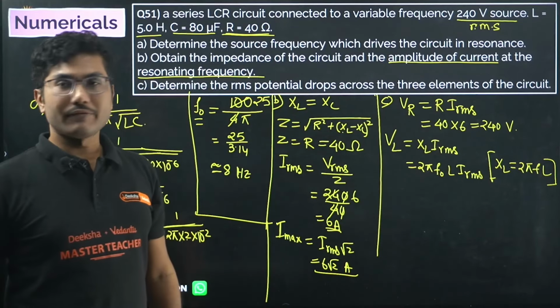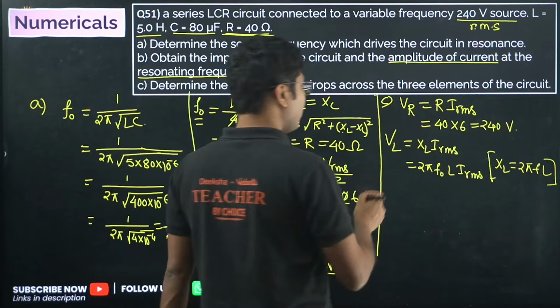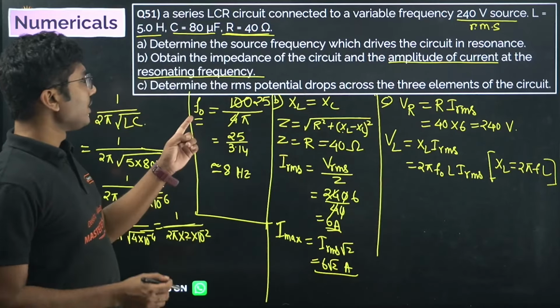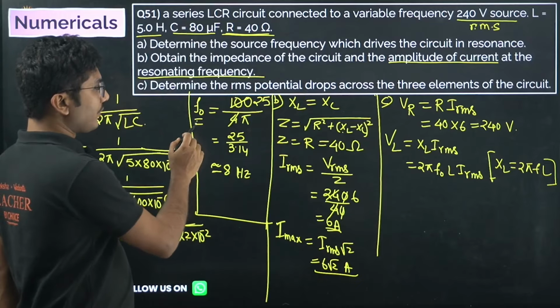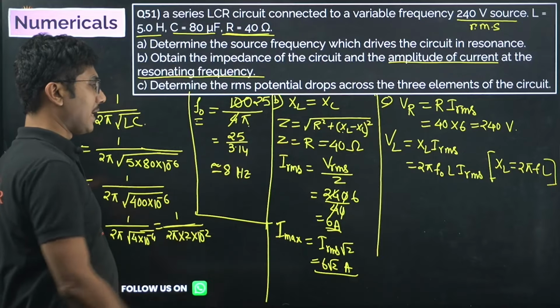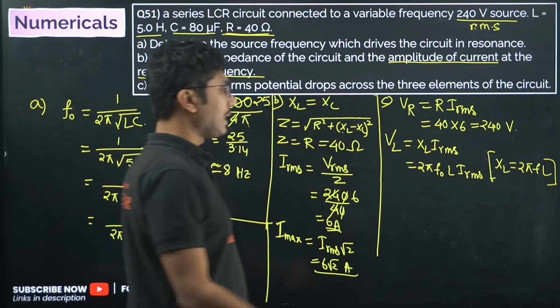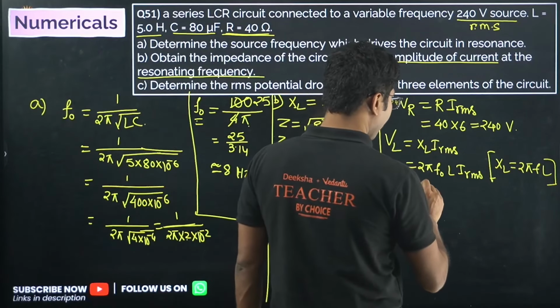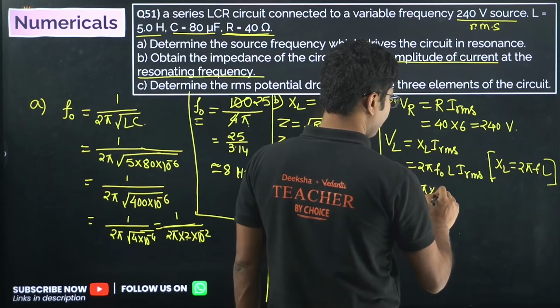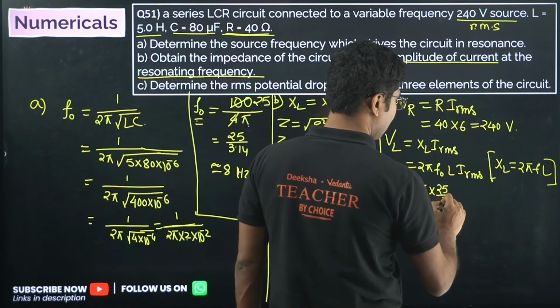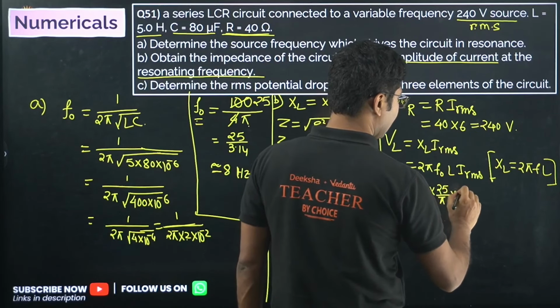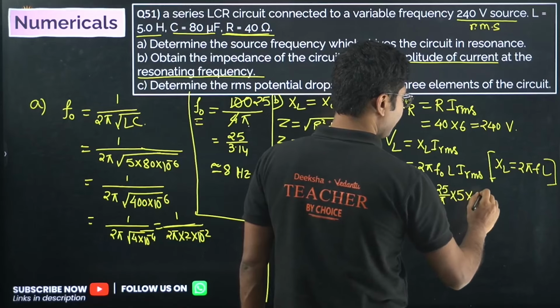Now for the value of F naught, we will be using 25 by pi, so that pi gets cancelled. That is one way to avoid a calculator. So it will be 25 divided by pi into L, which is 5, and IRMS is 6.